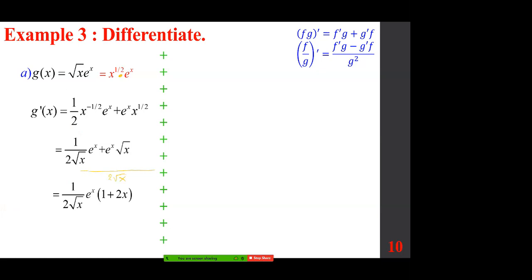So I hope you realize that the first piece is simply e to the power of x plus the second piece is e to the power of x square root of x times the denominator. So we are taking a common denominator. So the first piece remains as e to the power of x. The last piece becomes 2x.